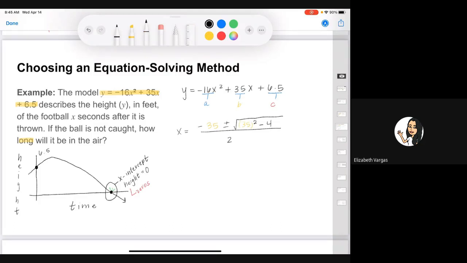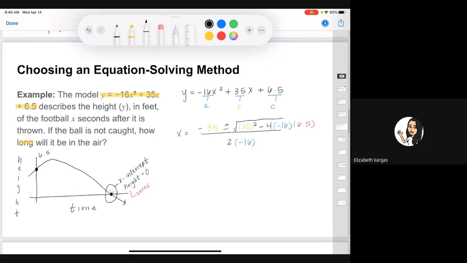Now my A's go in, negative 16, negative 16, and then my C goes in. What I'm doing here is putting this equation into the quadratic formula because that will give me my zeros, my x-intercepts. And when I do that, I have two x's because I do plus and minus. So I have one x at negative 0.2 and I have another x at 2.4.